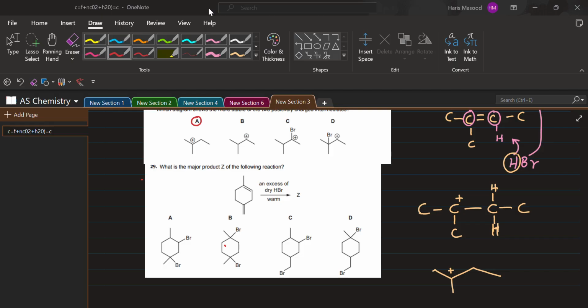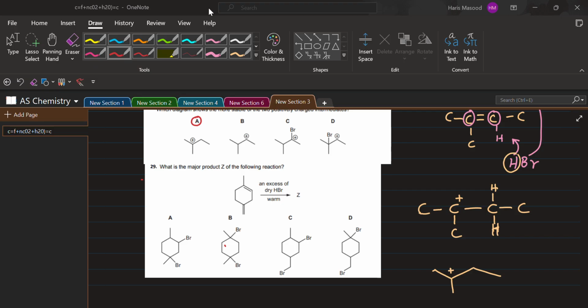Yes, always we need to form the stable product. Tertiary is the most stable, then secondary is second, and primary is the least stable, right? So tertiary is the most stable, and according to Markovnikov's rule, you will always form the stable one, okay?